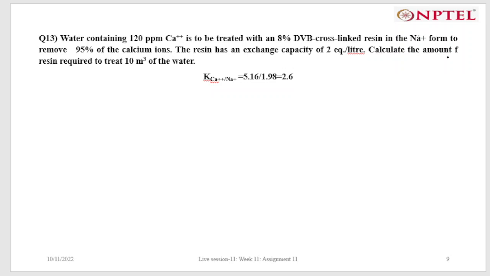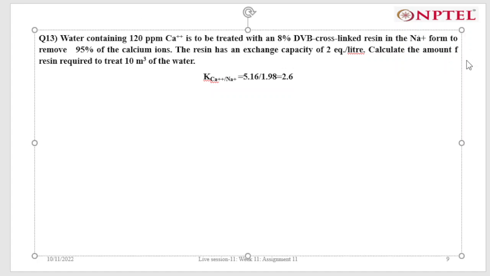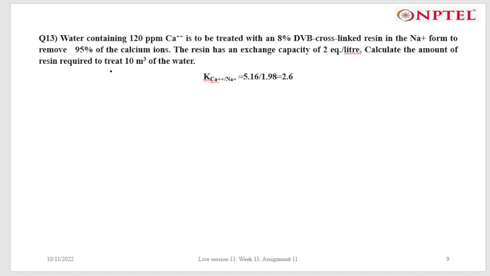Calculate the amount of resin required to treat 10 meter cube of the water. Here the equilibrium constant, or you can say selectivity coefficient, is given.